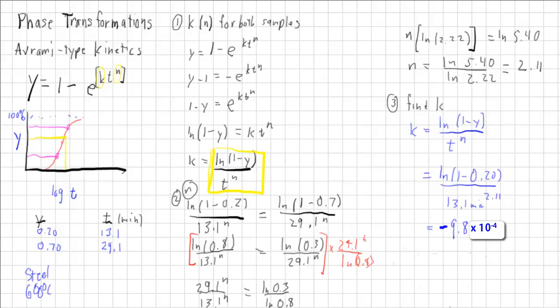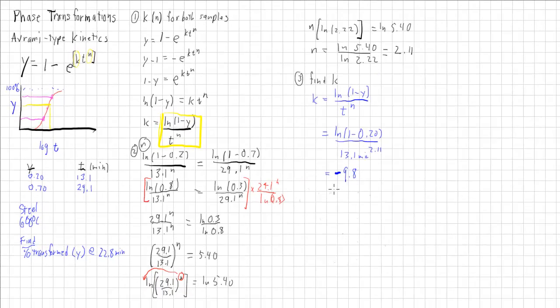The last thing we need to do here is solve the original question, which is to find the percent transformed. This is a steel that has been deformed, and we're trying to recrystallize it. So for this, we just need to plug it into our original Avrami equation.